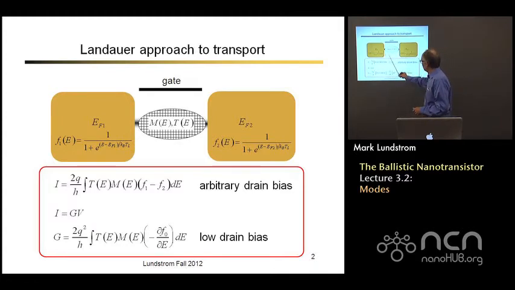Two large thermodynamic equilibrium contacts, but possibly with two different Fermi levels if we have different voltages applied to those contacts. We developed a simple expression for the current. Current is driven by differences between the Fermi functions of the two contacts, and we also simplified that expression for small voltages, linear response. And in that case, we got an expression for the conductance that was given by this last expression.